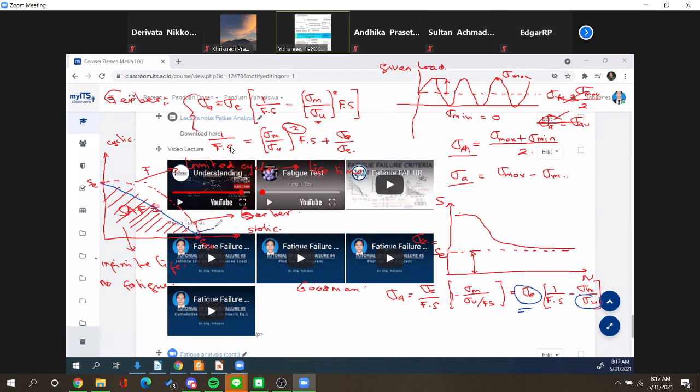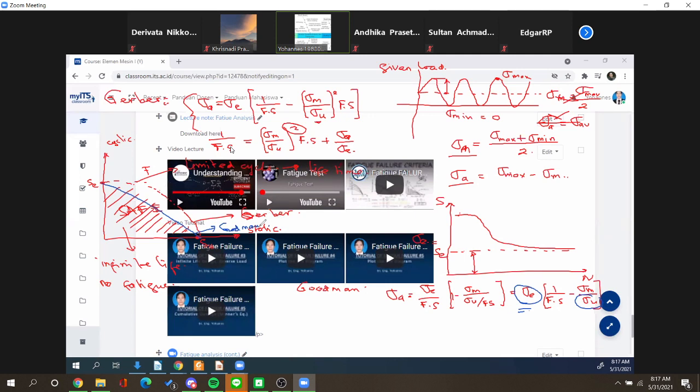And it gives us a description that below this line, the specimen or the component will have infinite life, and doesn't have fatigue failure. But above this line, it will have a limited cycle, similar to Gerber, but with different criteria.